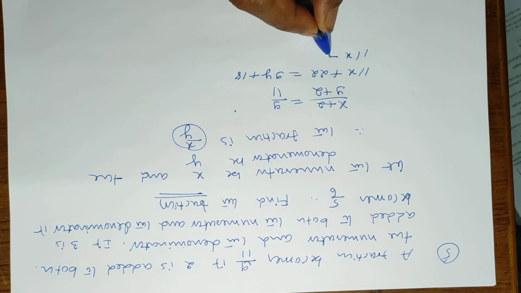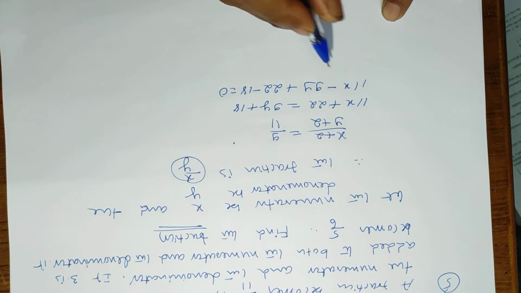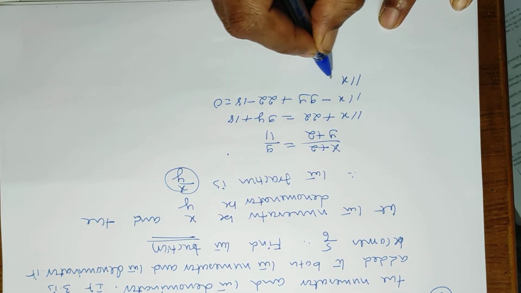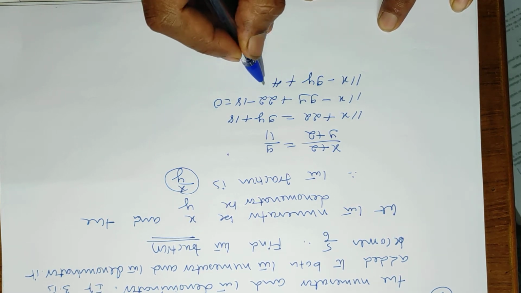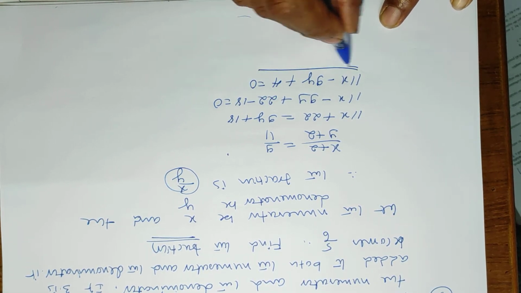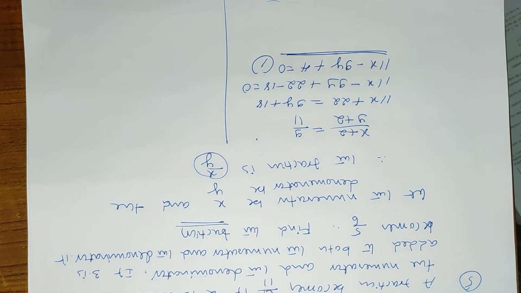So 11x minus 9y plus 22 minus 18 is equal to 0. So 11x minus 9y plus 4 is equal to 0. So one equation. Another one.